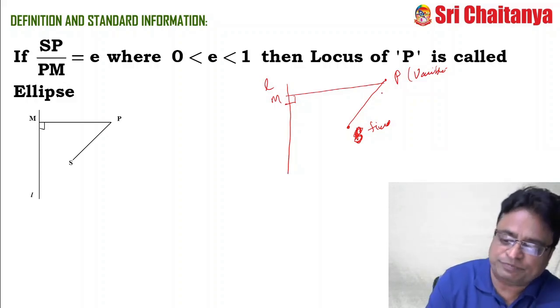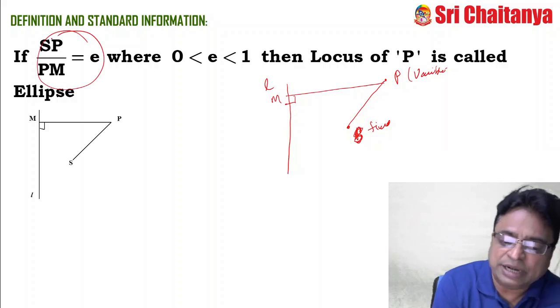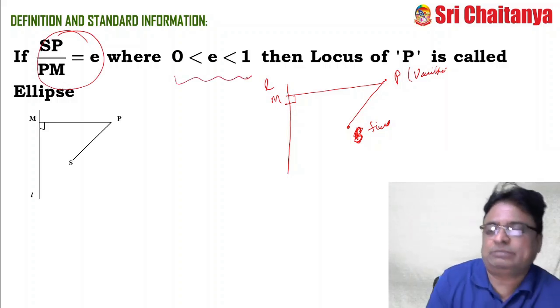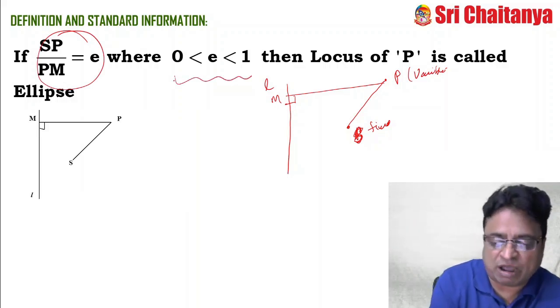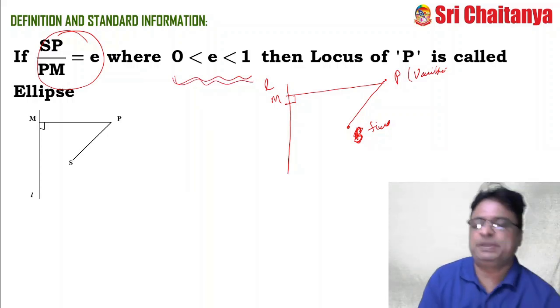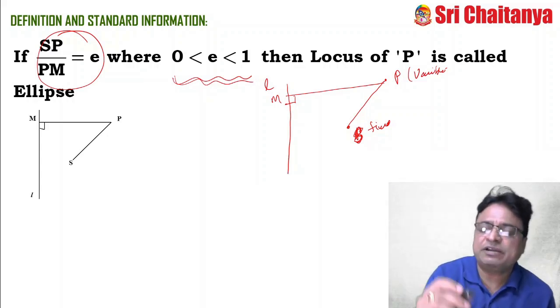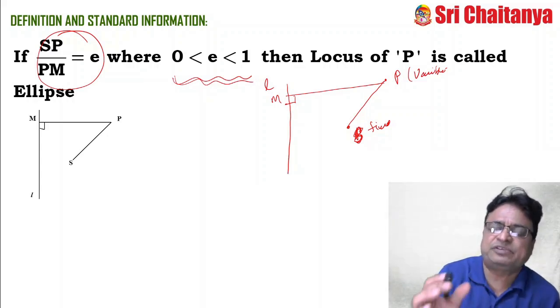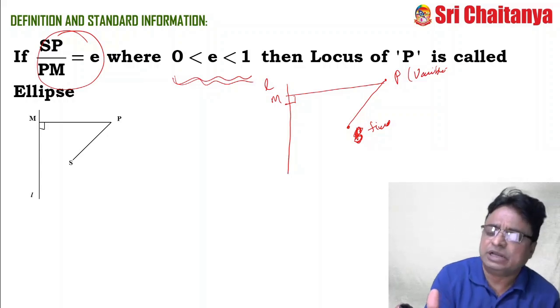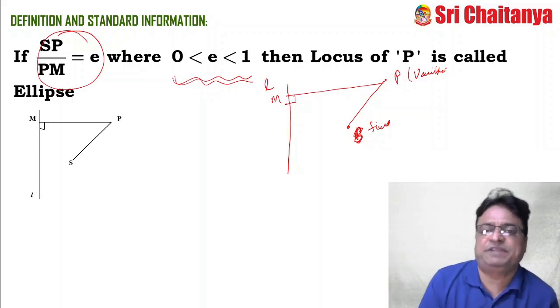If the distance ratio SP by PM is equal to E, and that E lies between 0 and 1, then the locus of P is called the ellipse. If SP by PM is equal to E, what kind of locus are we getting? You have visualized that in our lesson number 1 through that video.